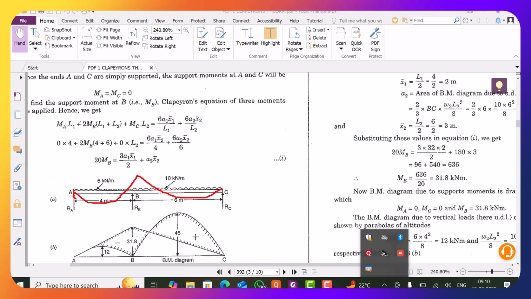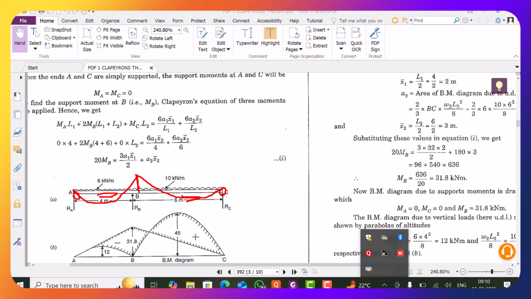So here the moment will be equal to 0, here the moment will be equal to 0, and at support B you will get the hogging moment, and I always consider hogging moment as negative. Here you will get sagging moments because of loads, because sagging moments are a function of loads and hogging moments are a function of supports.